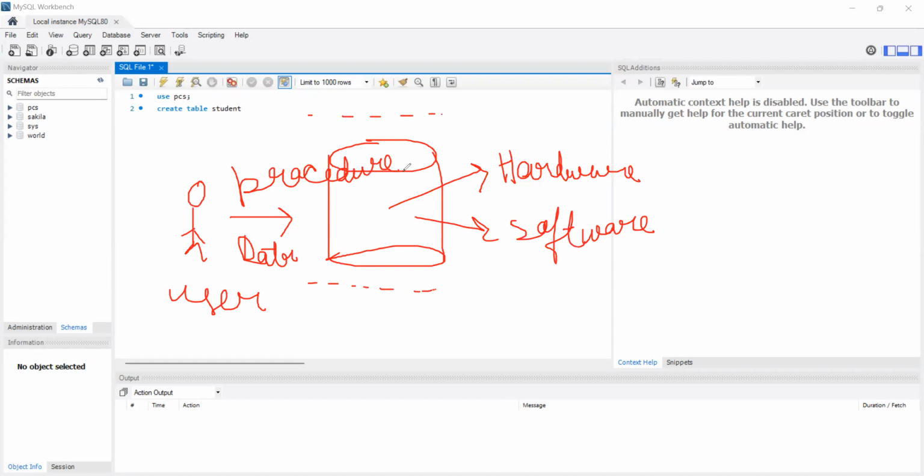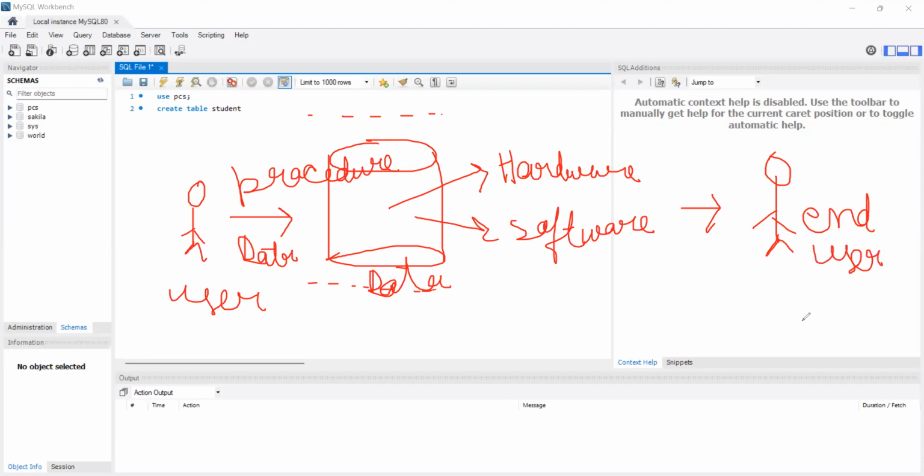So the whole consists of the user, then the procedure through which data is passed to our system, hardware and software. There the data is also stored, manipulated, retrieved, and mined, all of it happens in our system. After that, there will be an end user. End user means you yourself.